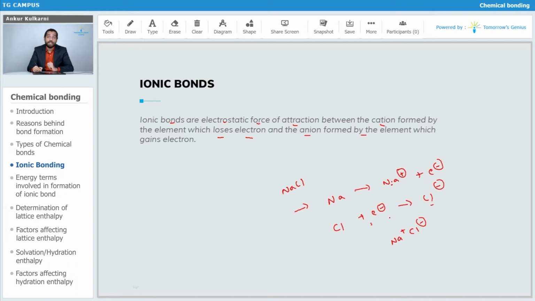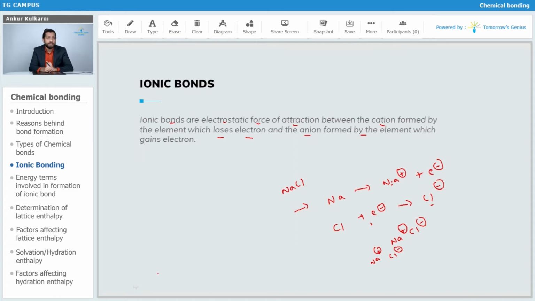Correct? So there is a force of attraction between Na+ and Cl-. Obviously, there is a charge separation. Na has a plus charge, which is a cation. Cl has a minus charge, that is an anion. So obviously plus and minus will try to come together, and that electrostatic force of attraction is nothing but your ionic bonding.